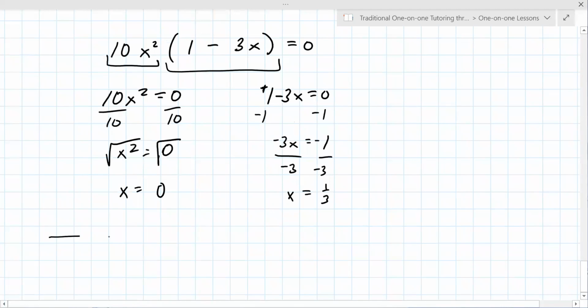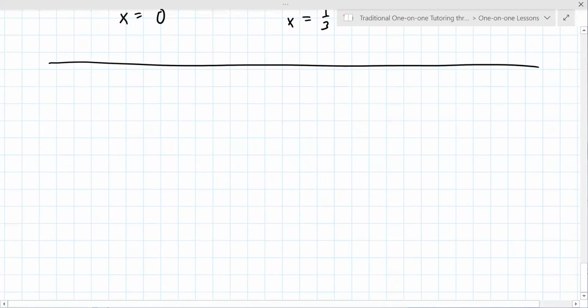Okay, so let's try another one here. Let's say after you factor it, you get 5x to the 4th, parentheses, 6 minus x squared. So we've already factored it, so we're just going to work on setting these equal to 0.